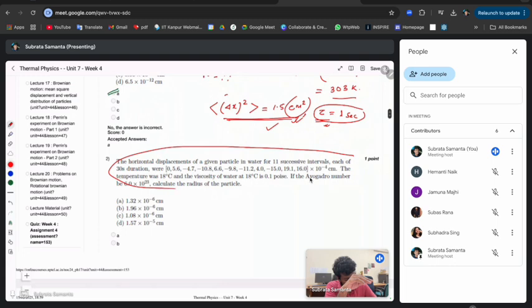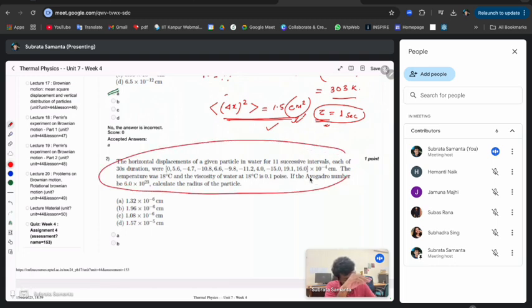The second question is that the horizontal displacement of a given particle in water for 11 successive intervals, each of 30-second duration. First note down that 11 successive intervals means n equals 11, and tau for each interval is 30 seconds. The horizontal displacements are 0, 5.6, minus 4.7, and so on, times 10 to the power minus 4 centimeters.